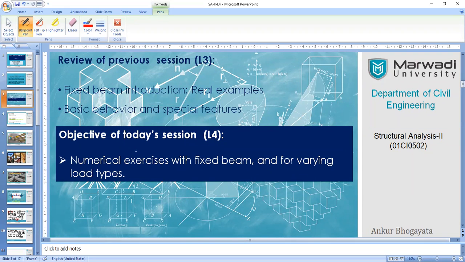One point I wanted to share with all of you: usually we know that there are three reactions at fixed ends. However, in the absence of horizontal forces, you can reduce it to two, one moment and the second a vertical force.